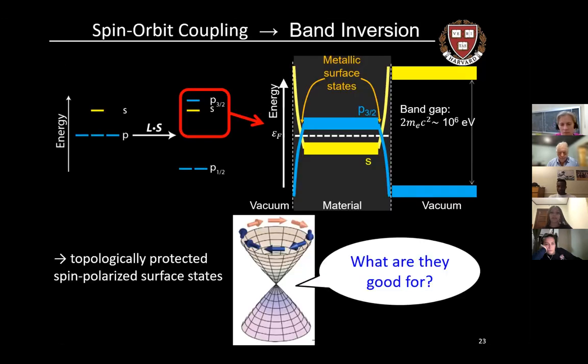The surfaces of topological insulators are conducting. Are there any that are approaching low enough transition temperatures that they're like superconducting surfaces? Yeah, there are some topological superconductors.